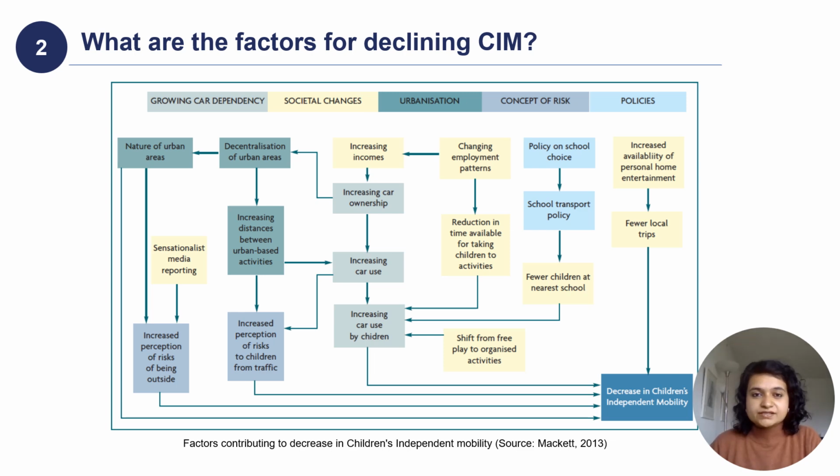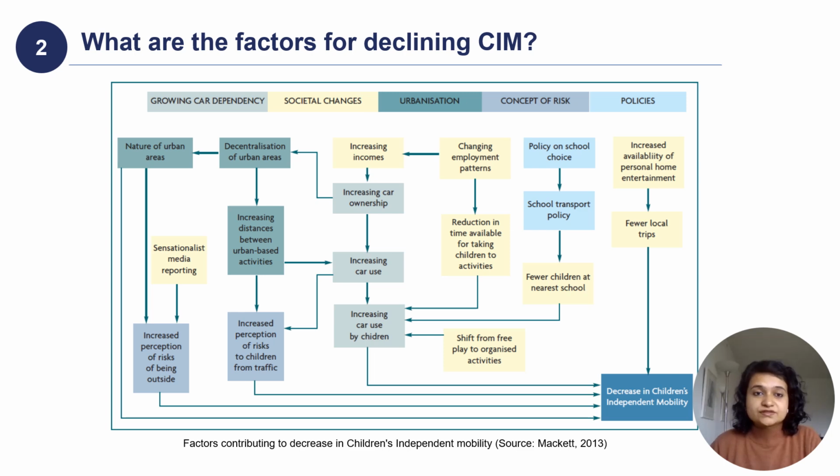The broad factors could be categorized under 5 broad themes. 1. Growing car dependency. 2. Social factors such as increasing incomes, changing employment patterns, etc. 3. Rapid urbanization, increasing distances between urban-based activities. 4.